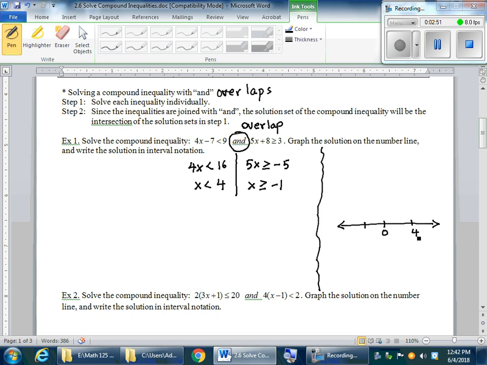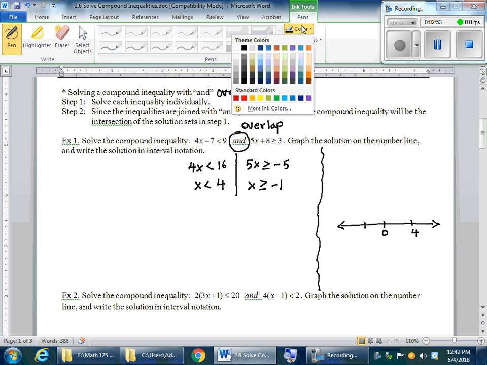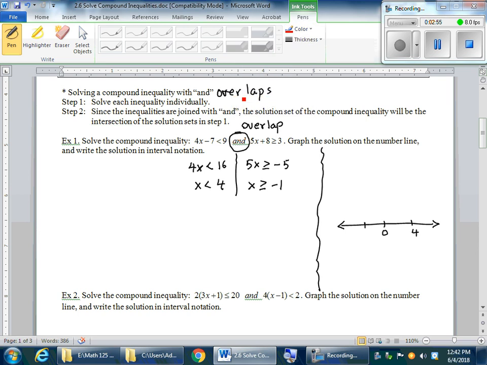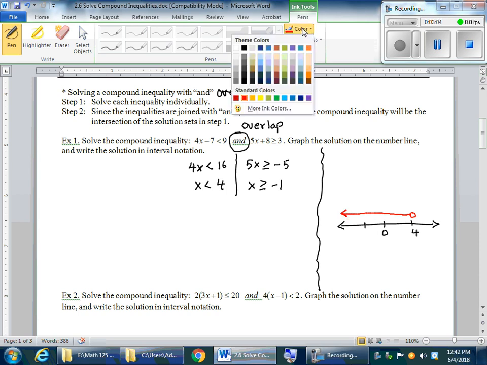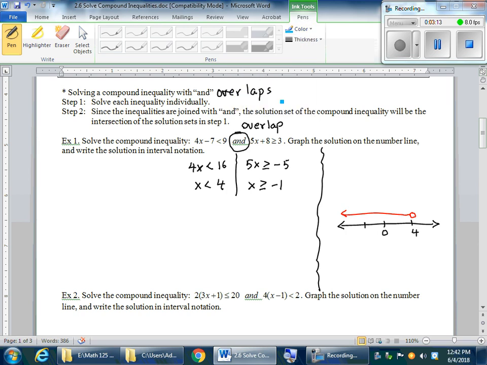From the first inequality, x is less than 4, so it's an open circle going to the left. The second inequality says x is greater than or equal to negative 1. So here's negative 1, and since it is greater than or equal to, it is a closed circle going to the right.